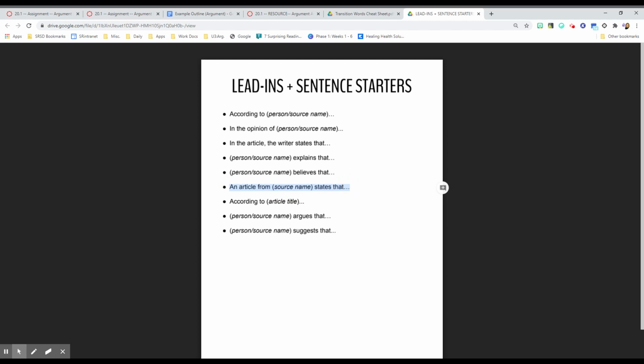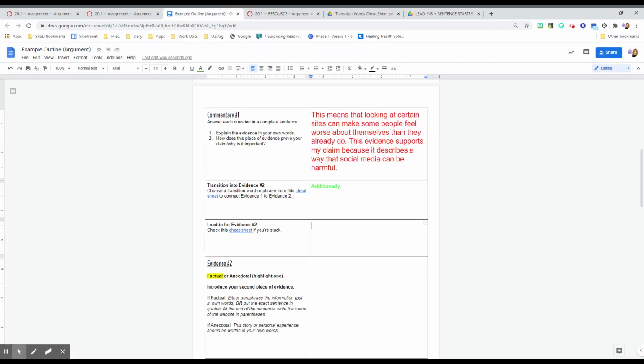They're stating something. Okay, so I'm going to say additionally, as stated in, and this is my second piece of evidence. So I had used my second article here, which was Social Media Makes Young People Save Less for Later, a Survey Shows, and this is the whole darn article title.